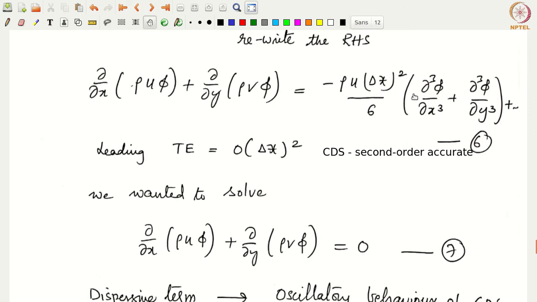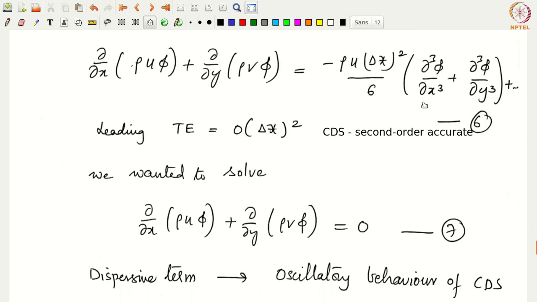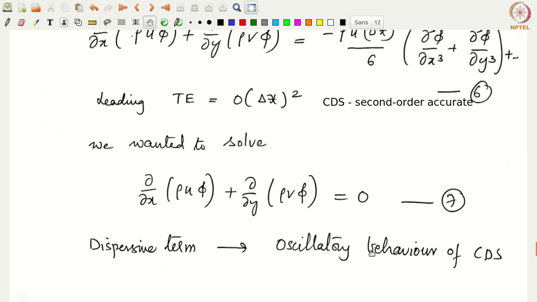We cannot call this diffusion because this doesn't have even order derivatives, right? This we would call dispersion, and it is basically responsible for the oscillatory behavior of the central difference schemes.